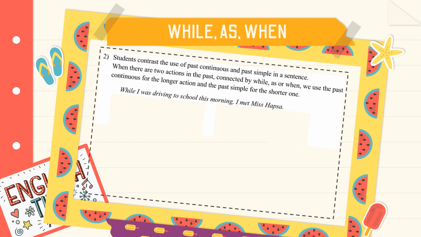While I was driving to school this morning, I met Miss Hapsa. Which one is the past continuous? I was driving. Yes, I was driving is the longer action. So, the shorter action is the one with the past simple, like this. Okay, so I was driving, and suddenly there was Miss Hafsa.